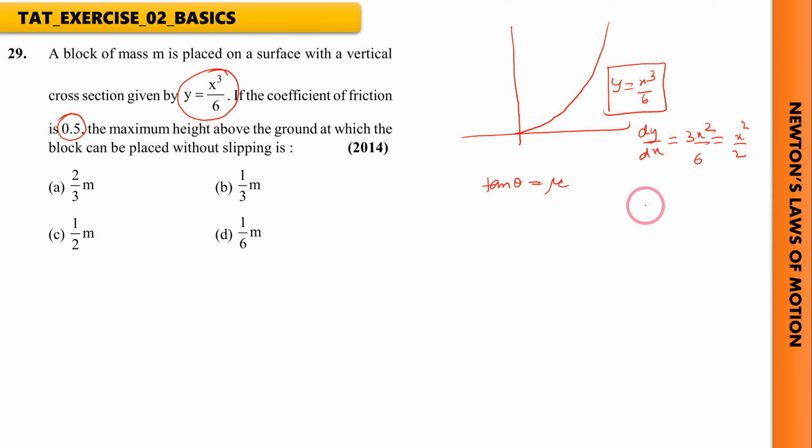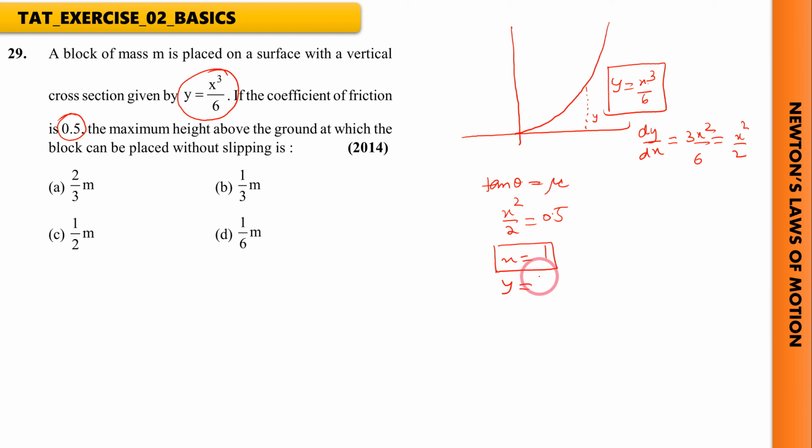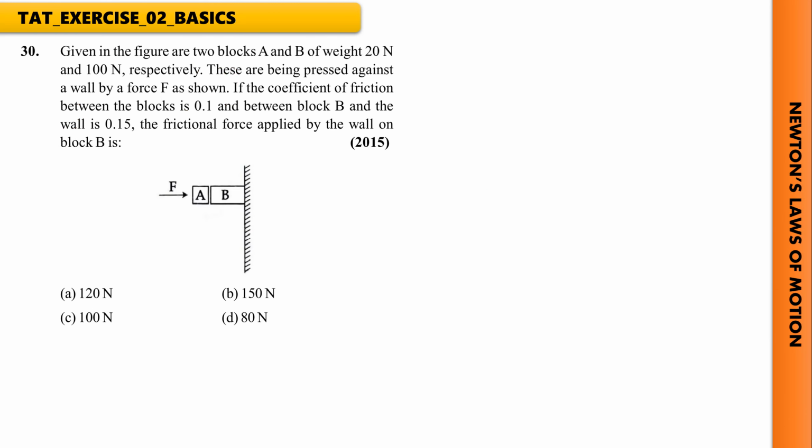So from here we get x square upon 2 equals 0.5, so x equals 1. Now when I put x equals 1 in the equation, I get y. Y means height. So y is coming as 1 upon 6. D is the answer to this question.